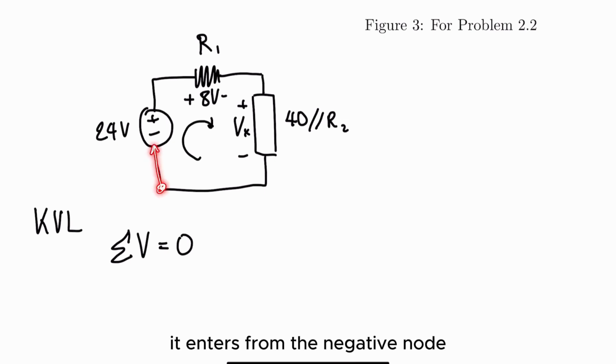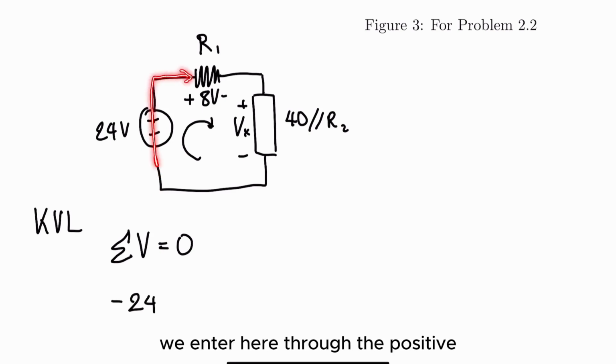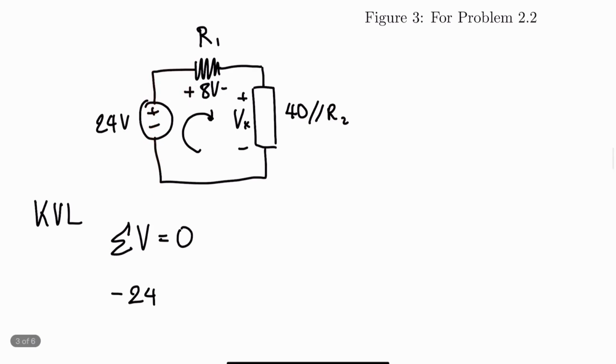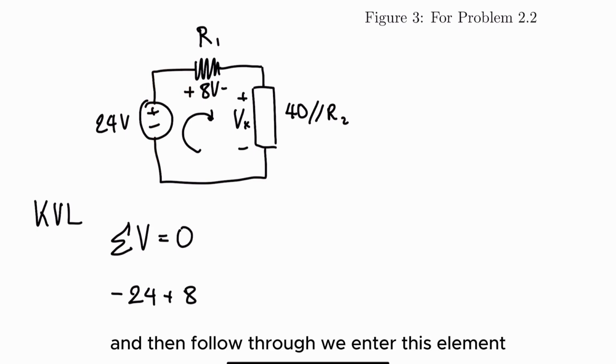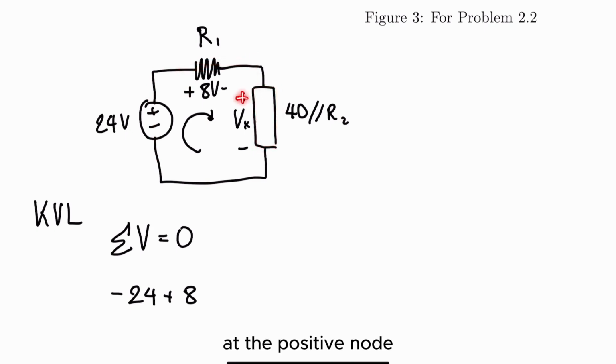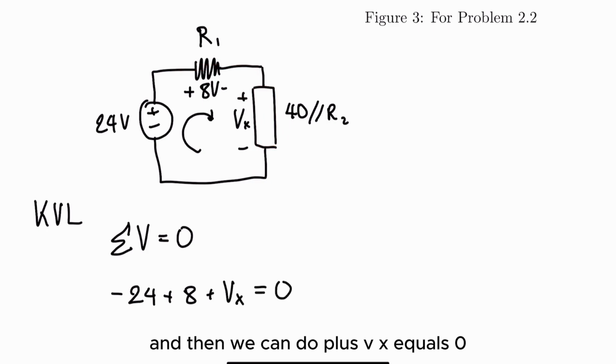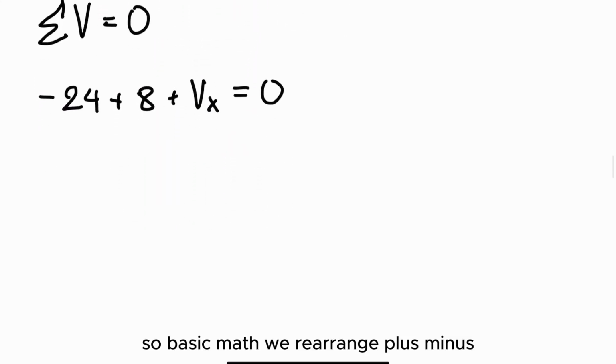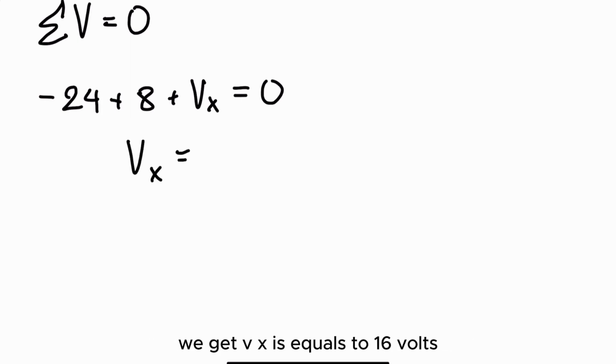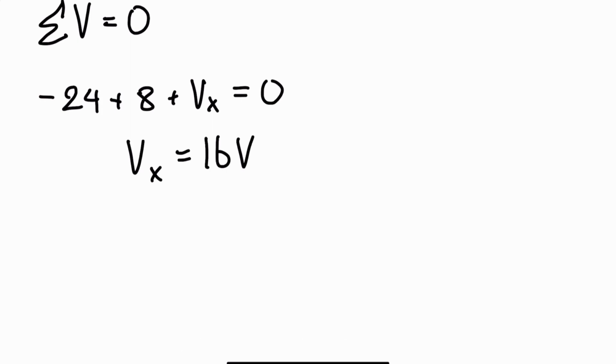We go up here, it enters from the negative node, so that would give us minus 24. And then following through, we enter here through the positive, that's plus 8. And then follow through, we enter this element at the positive node, and then we can do plus Vx equals 0, since we loop back to where we start. So basic math, we rearrange plus minus, we get Vx equals 16 volts.